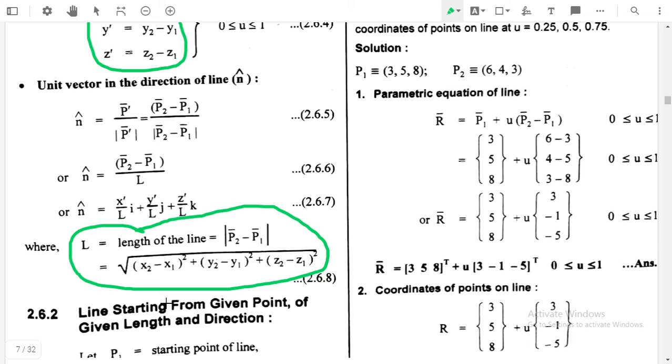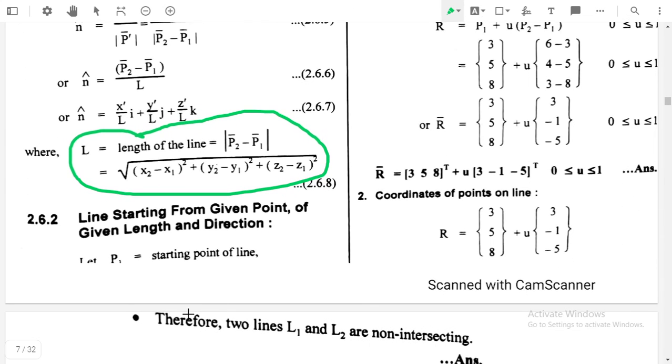This is the equation of the line to find out its length. So all this we discussed is for a line passing through a starting point and an end point. That means the starting point of the line is p1 and the end point of the line is p2, and the line is passing through these two points.